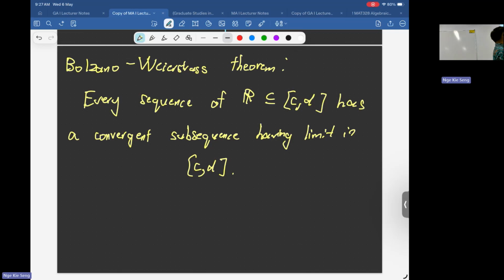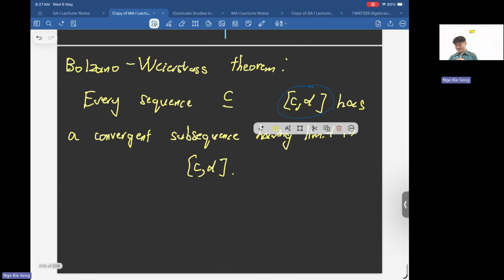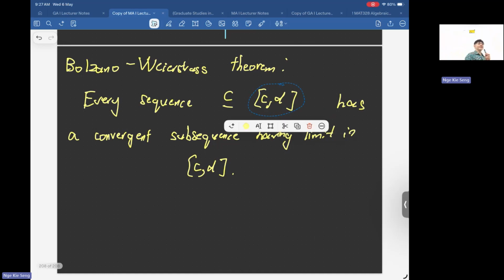Sorry, this is just a shorthand notation. I'm just being lazy. Every sequence. I'm just trying to directly translate English to simple only.